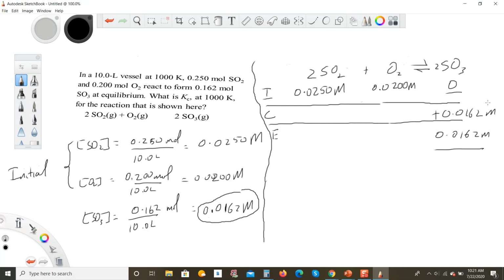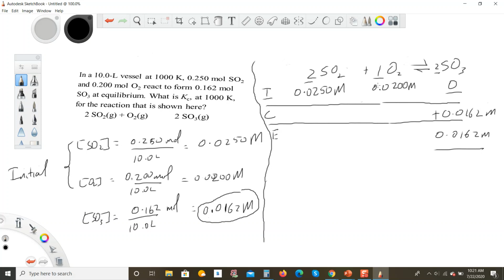Now, based on this change here, we can determine the changes for the SO2 here and the O2 here. How do we know that? Because of the balanced equation, and more particularly because of the coefficients of the different substances.